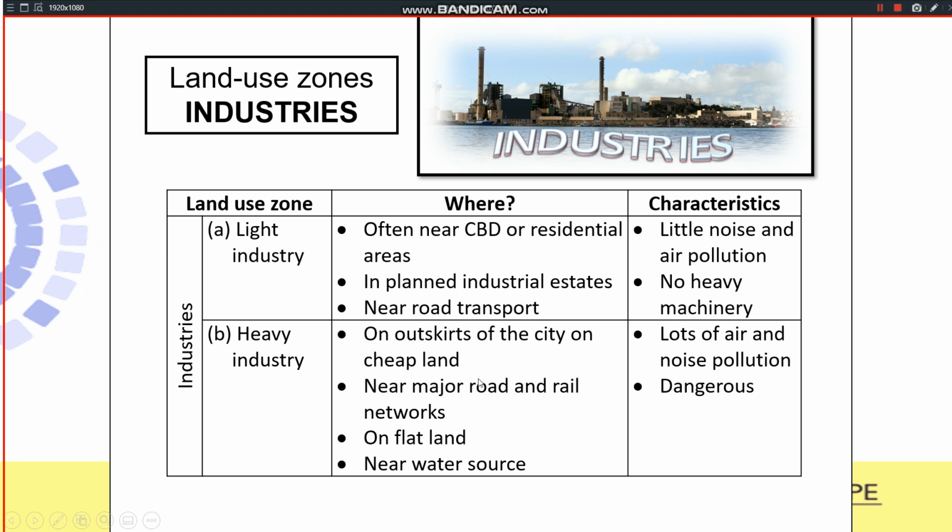On which land? On cheap land. Near major road and rail networks, on flat surfaces, and they are near a water source. They give off a lot of air pollution and noise pollution, and are usually dangerous. That is the reason why they are situated on the outskirts of the city and on cheap land. It is because of these characteristics.